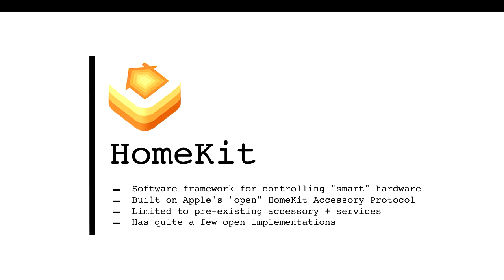It's really a very Apple-like service in that it is limited to a predefined set of accessories and services. You're not given the full control that you are with other IoT systems. It's not necessarily as flexible as something like Alexa, but what it does do, it does really well. It's a really solid implementation. It's got a bit of security built in, and it's got the kind of stuff that you expect as part of a home automation system.